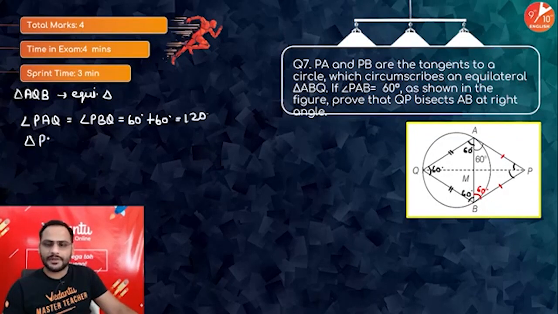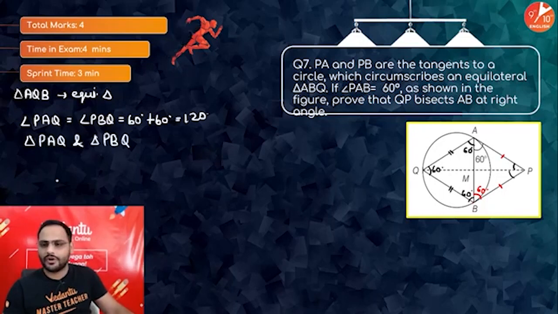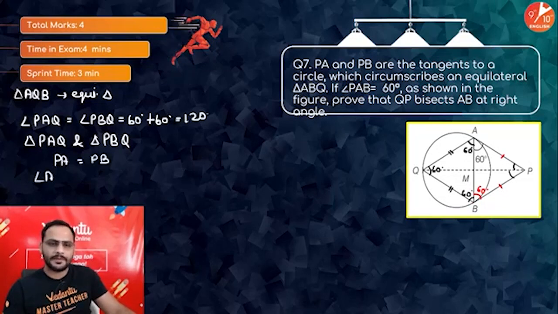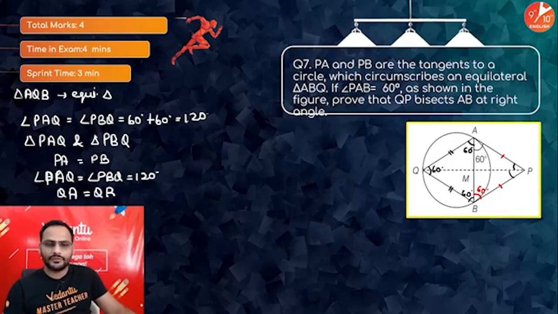Now triangle PAQ and triangle PBQ, let us prove them congruent. So PA is equal to PB, angle PAQ is equal to angle PBQ, both are equal to 120 degrees, and then QA is equal to QB. So which rule is it? Side angle side rule.